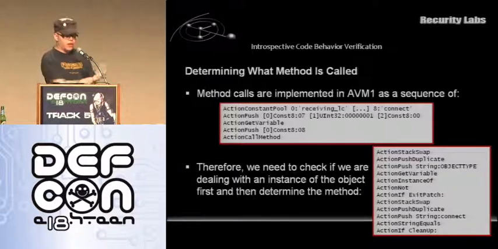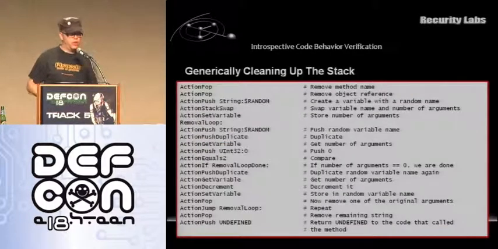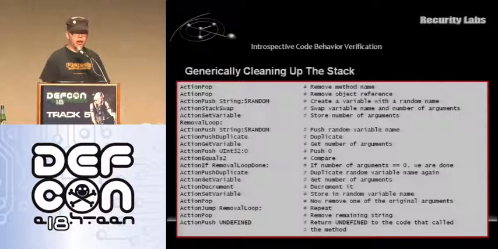So you see it's a lot of code that goes into just finding out what the method of the object was. And if you decide to not call the method of the object, that's the amount of code you need to clean up the stack and do stack unwinding in AVM1.